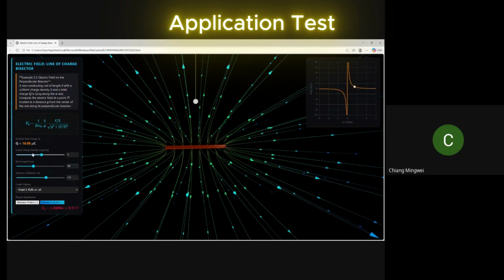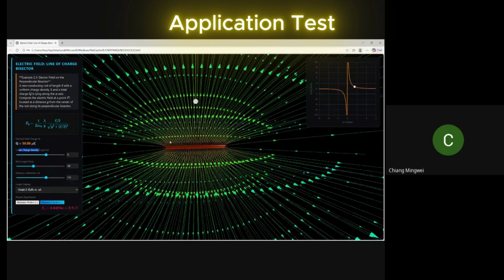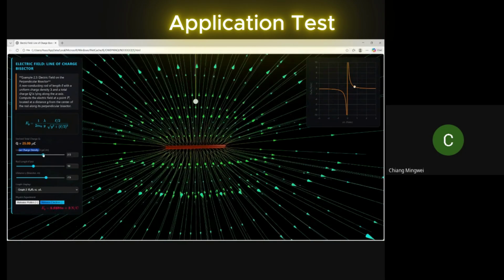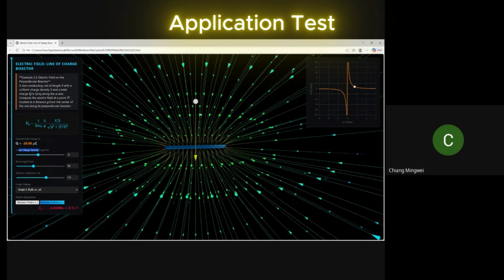Okay, so I will describe the application of this HTML file. As you can see, we can vary the linear charge density lambda here. You will see the arrow is pointing up, showing the electric field, and pointing out means that there is positive charge in the rod, and if we have negative charge, then the arrow will be pointing into the rod.